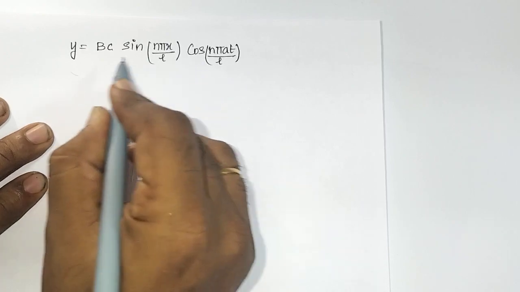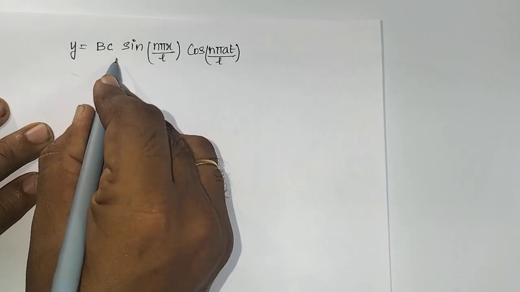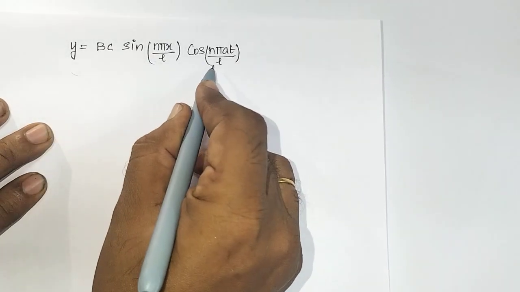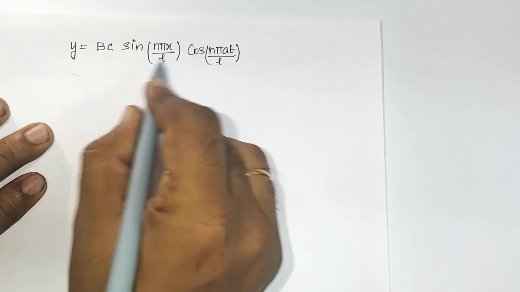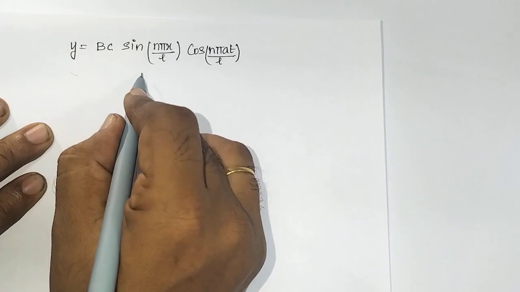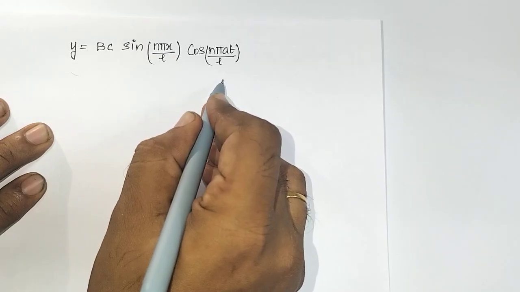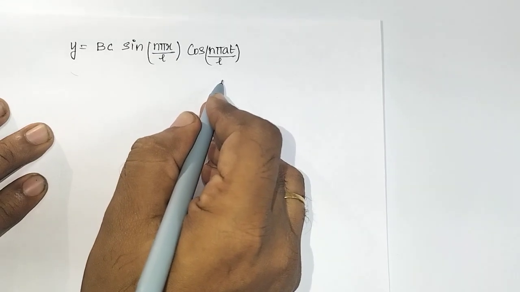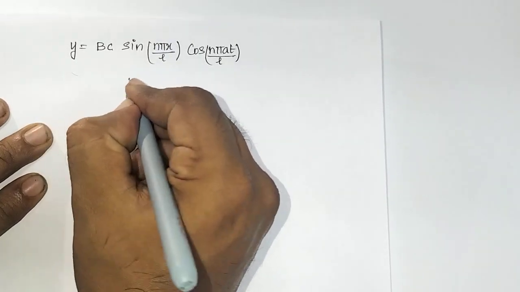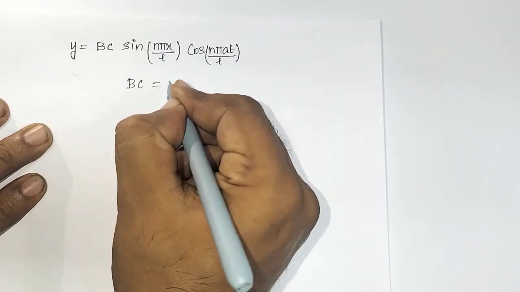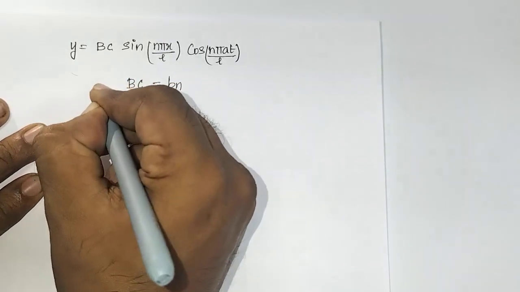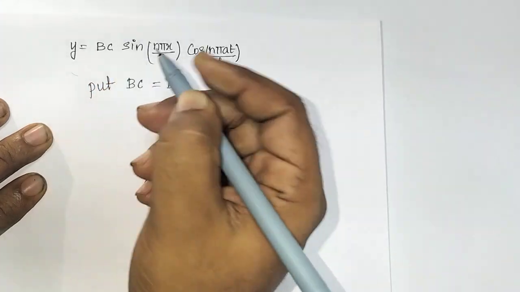Thereafter, we cannot eliminate this bc because all the terms are in product form. Here we cannot take bc equal to 0 or c equal to 0 or sin n pi x by L equal to 0 and cos n pi at by L equal to 0. We cannot take that. So this bc constant I am going to put bn.